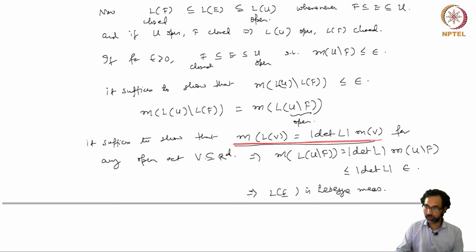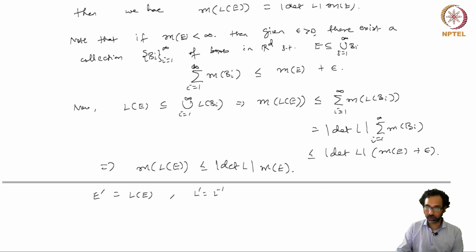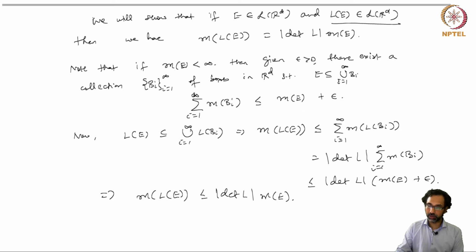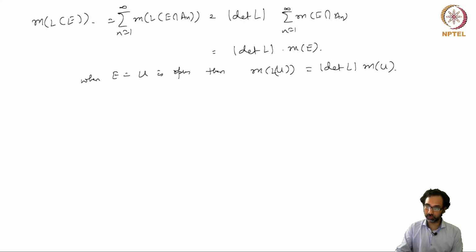And now that we know that LE is Lebesgue measurable, we can go back to what we just proved, that if E is Lebesgue measurable and LE is Lebesgue measurable, then we can write this formula. So basically we are now done with the whole proof. This completes the proof.